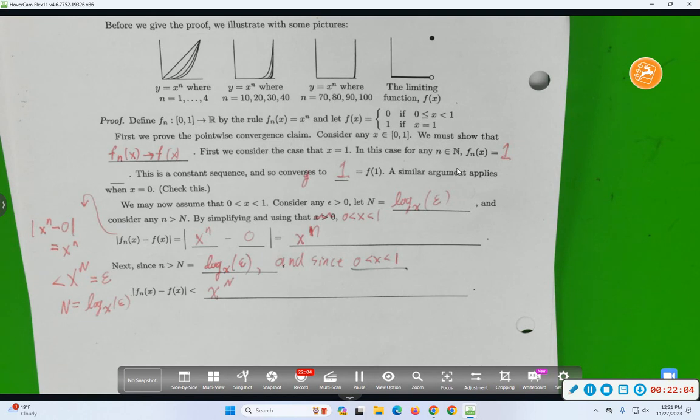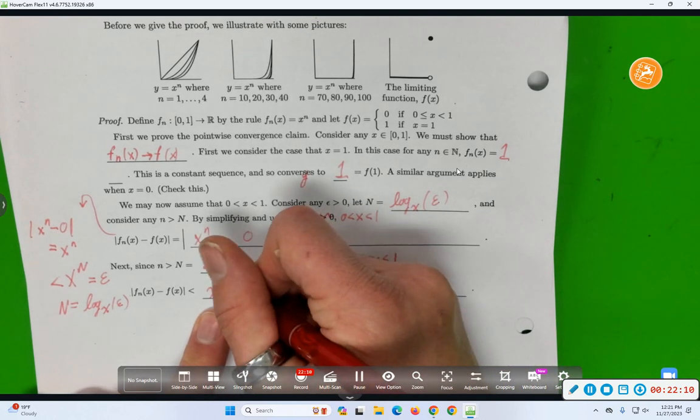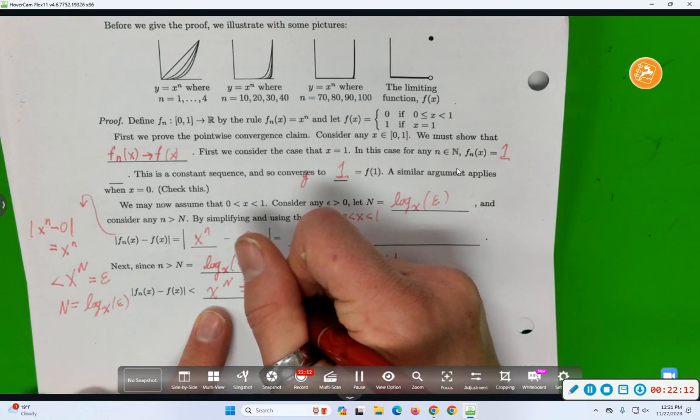If x were 5, raising 5 to a bigger number doesn't make it smaller, it makes it bigger. Less than x to the n, which is in fact equal to epsilon.